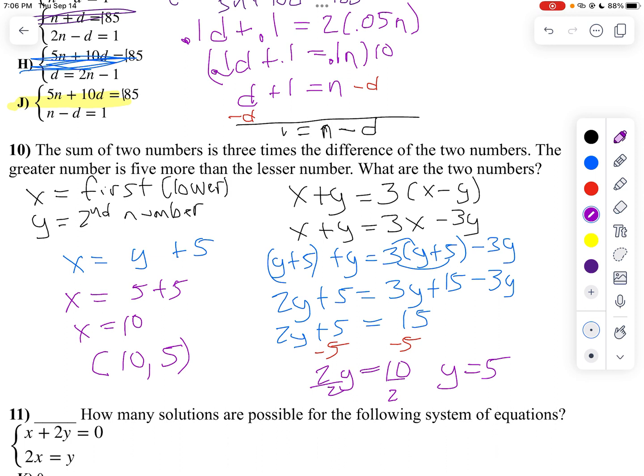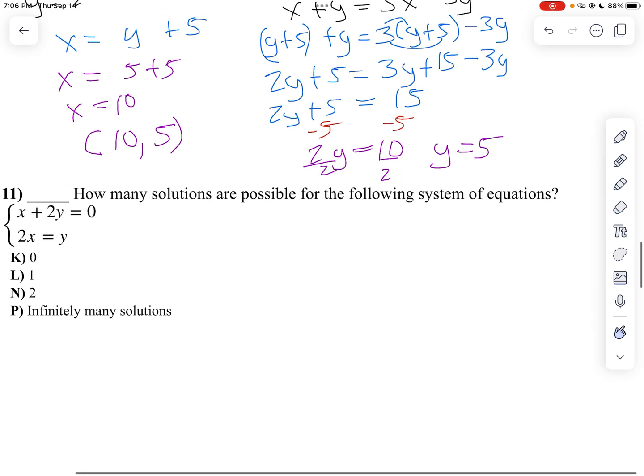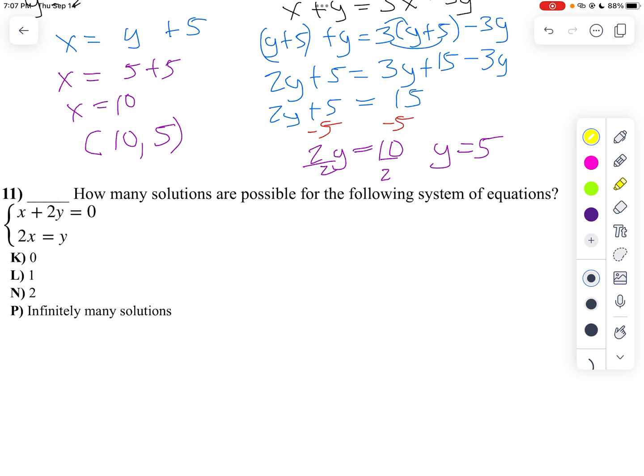And then, if we take a look at number 11, we're back to a multiple choice. Hopefully that's a little bit easier. How many solutions are there? Well, notice the second equation is solved for y. So y equals 2x. So in the first equation, instead of writing y, I'm going to write 2x.